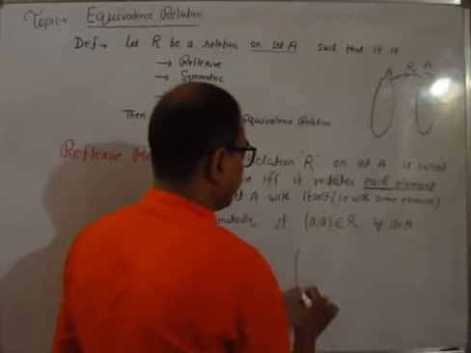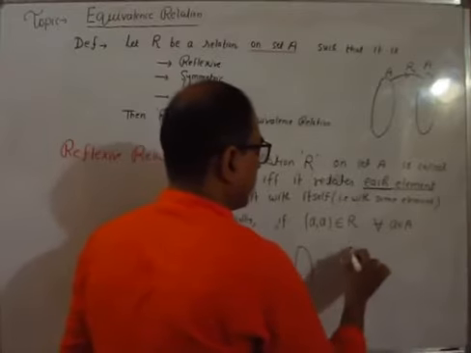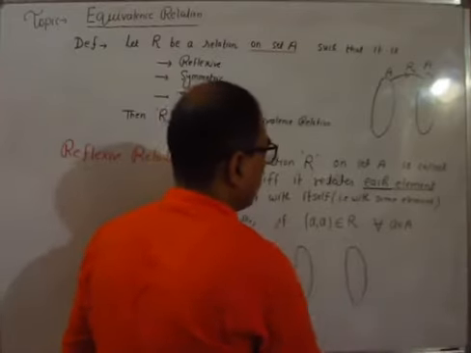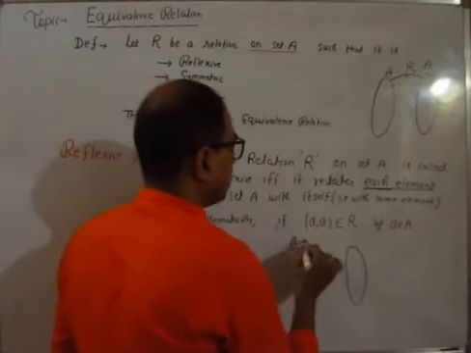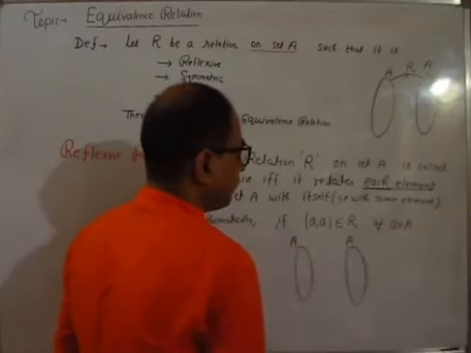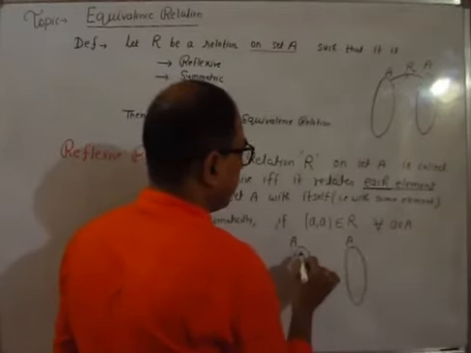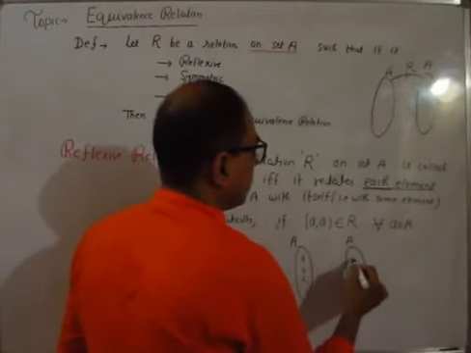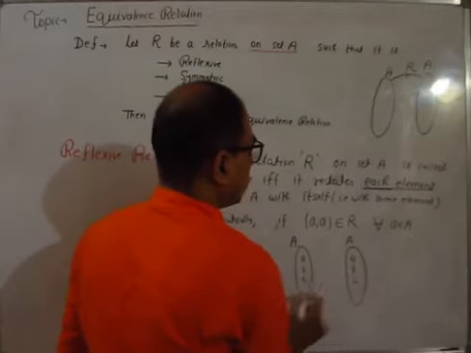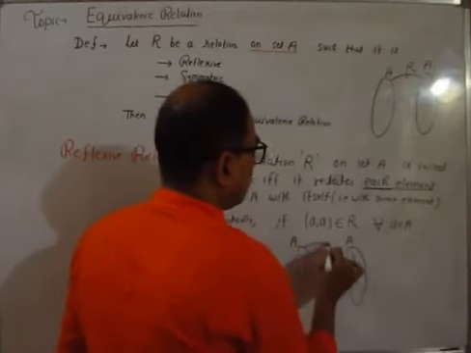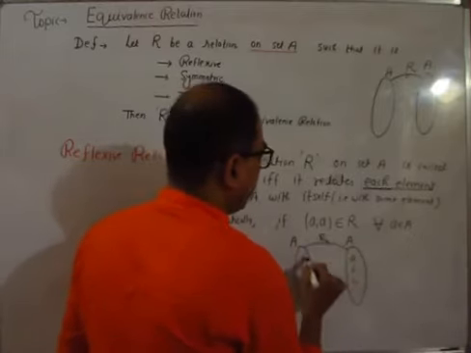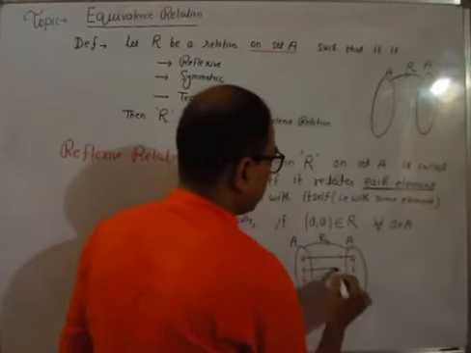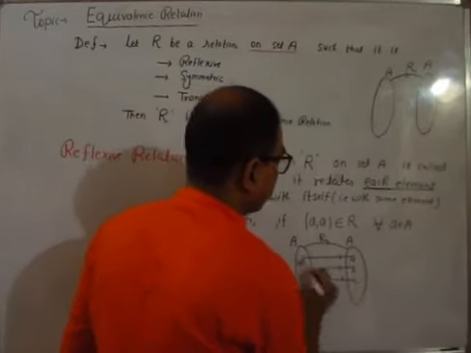In arrow diagram form, if this is set A, and this is set A, and let the elements of set A be a, b, c. This relation will be reflexive if a relates with a, b related with b, and c related with c.